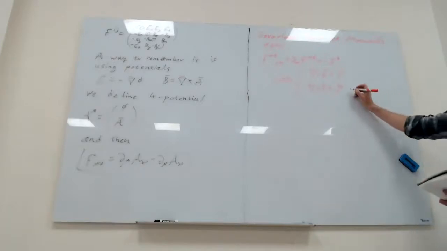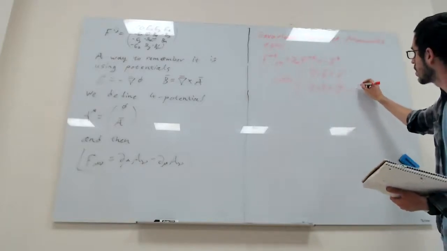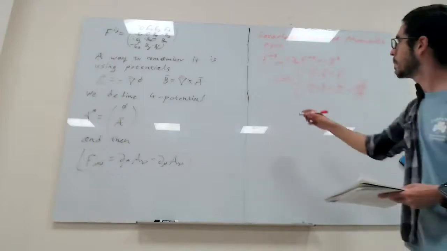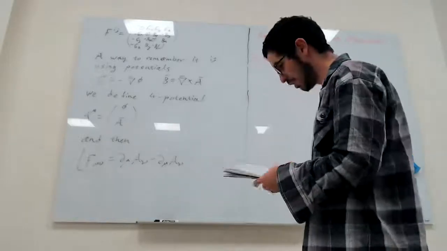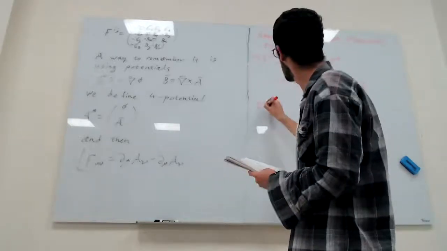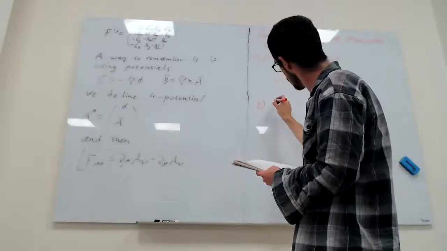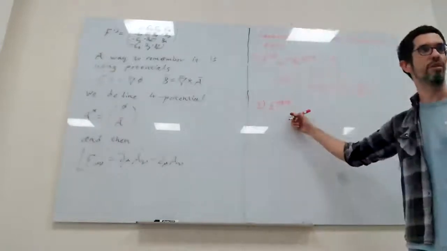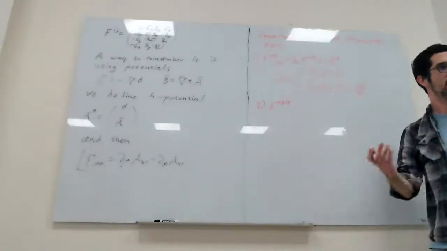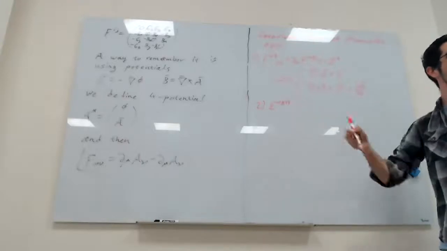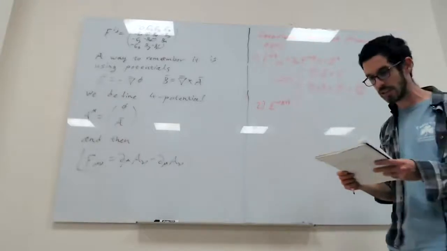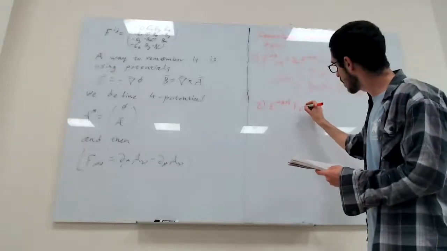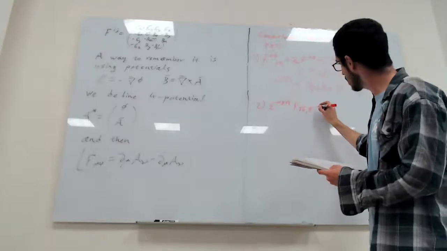Another one is epsilon alpha beta gamma delta, which is a four-dimensional generalization of the Levi-Civita tensor. So in three dimensions, d gamma F delta beta equals 0.